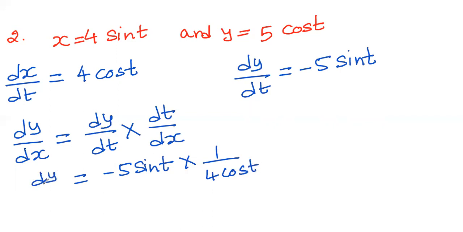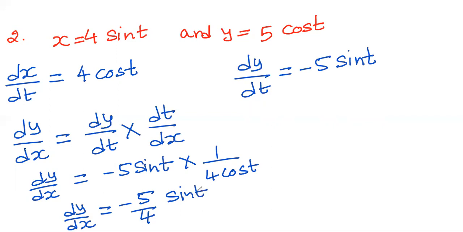This is dy over dx. Now we can write this as dy over dx equal to minus 5 over 4 sine t over cos t.